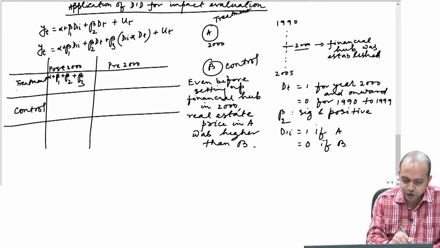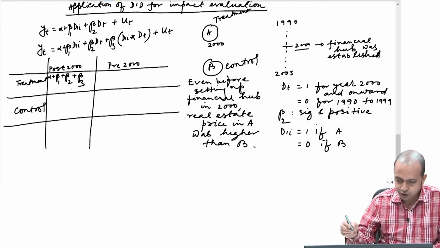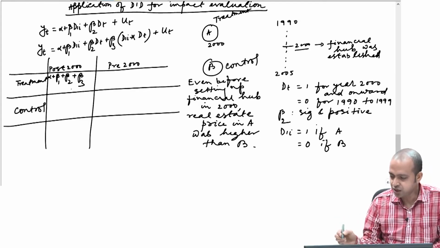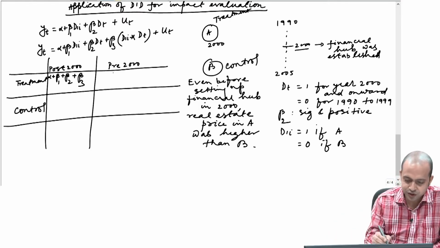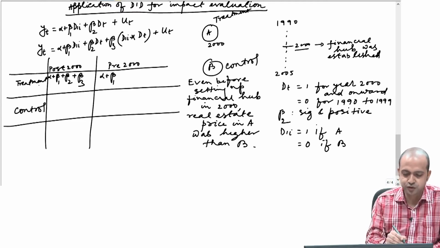And pre 2000 for the treatment group, dt equals 0, but d1i equals 1. So this would become alpha plus beta 1, and the other terms would become 0. So, alpha plus beta 1 is the pre 2000 real estate price for the treatment group, since it is treatment, d1i equals 1, and if you put 0, the other terms vanish.